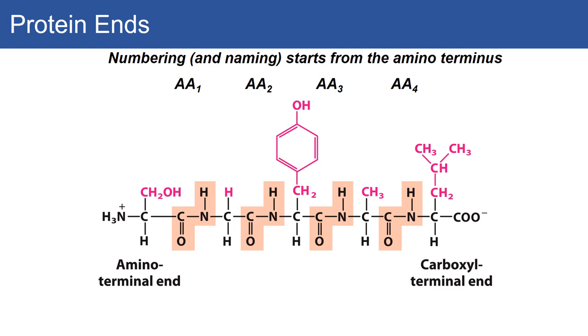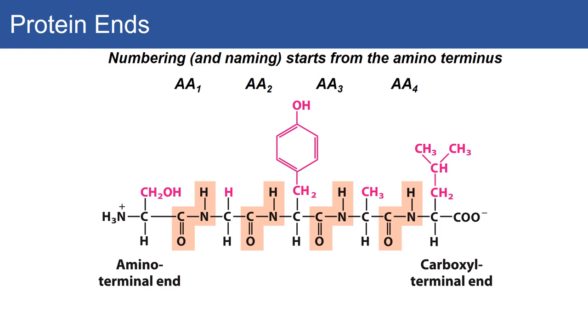Then you can see the peptide bond, and then amino acid 3, which is a tyrosine. You can see a peptide bond, and so on and so forth. An alanine, and then a leucine. And that can go on for a small number of peptides up to thousands of amino acids.